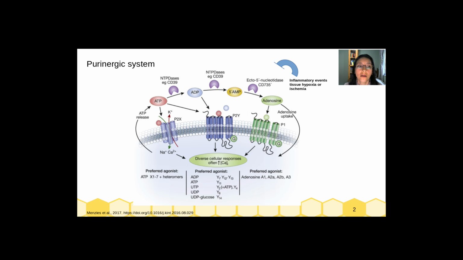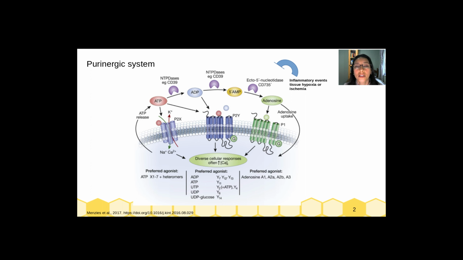However, in physiological conditions, ATP is also released from cells with a high ATP intracellular concentration and from vesicles containing neurotransmitters and hormones. Extracellular ATP is transformed in ADP and later in AMP through the membrane ectonucleotidase CD39.